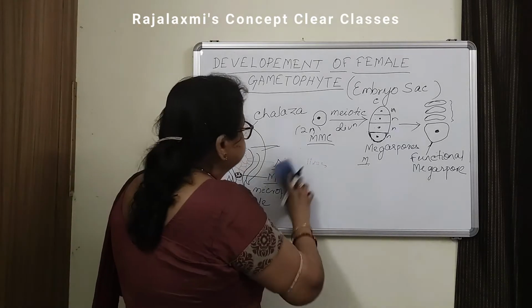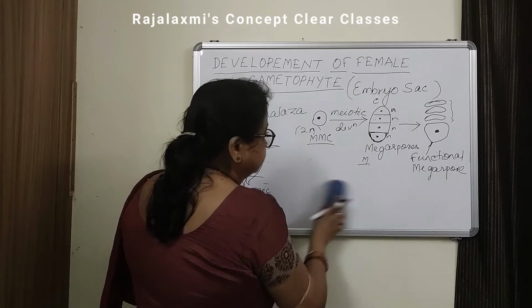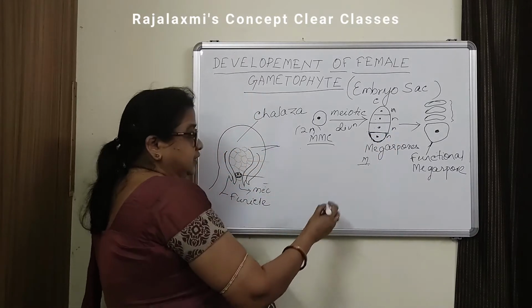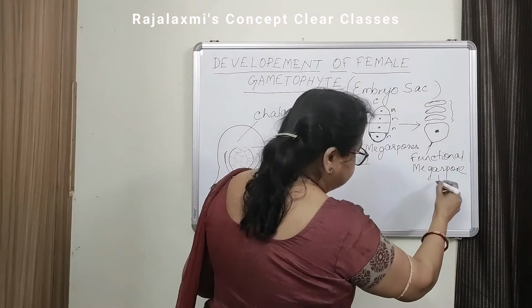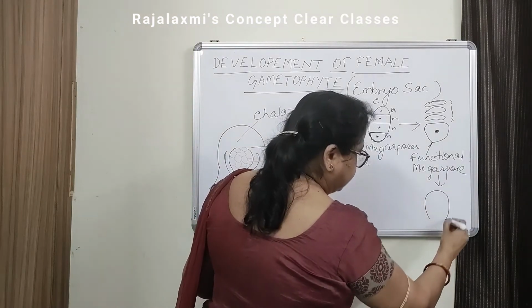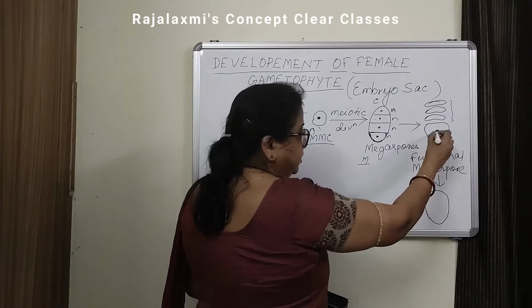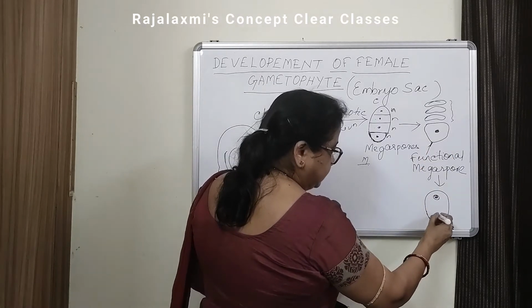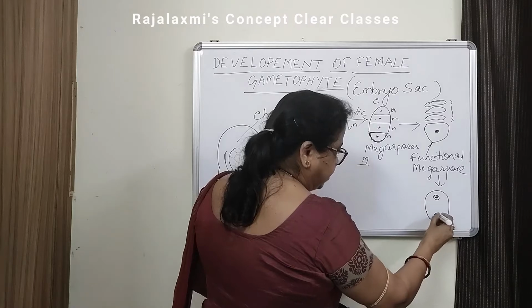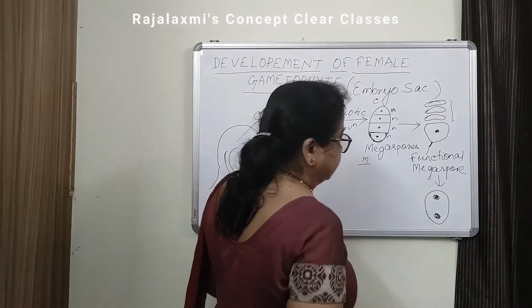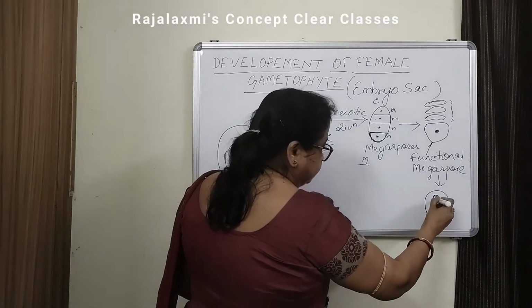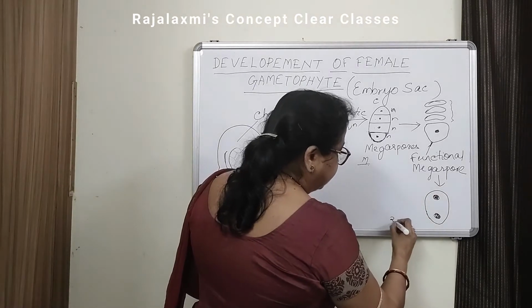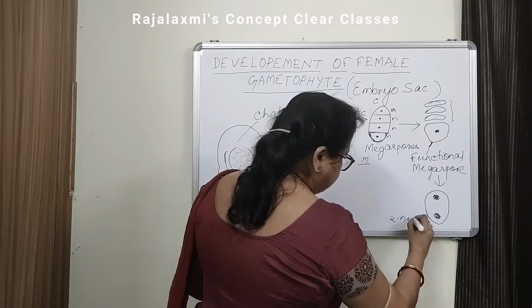Then what happens? This functional megaspore increases in size and the nucleus divides into 2 nuclei by mitotic division. This is known as the 2 nucleate stage.